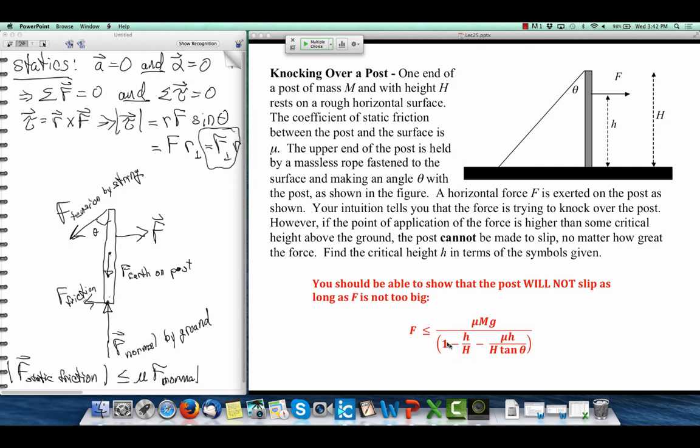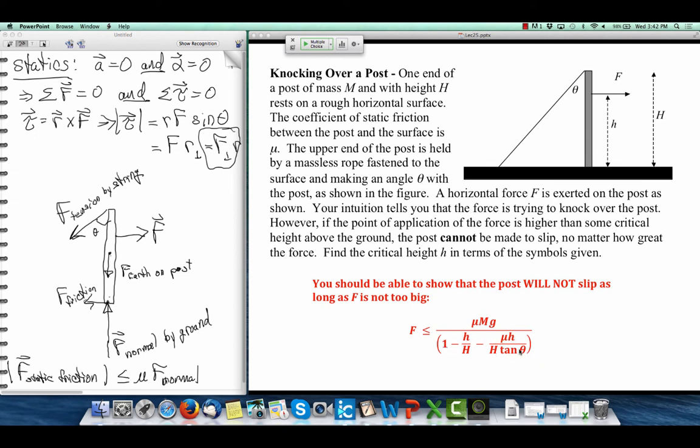In fact, this is 1 minus that ratio minus that ratio. If h is really small, then it's 1 minus some really small number. Okay, it's just some number. But as h gets bigger and bigger, the sum of these two things can get close to 1. And then I've got 1 minus 1. And that is 0.